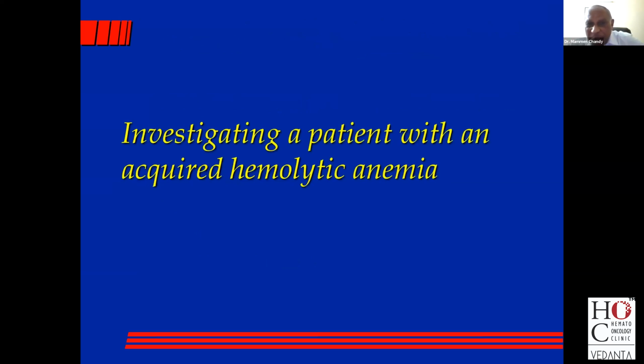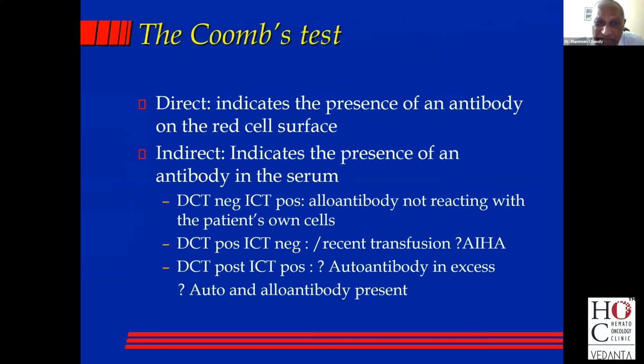So investigating a patient with an acquired hemolytic anemia, I've already told you, doing a Coombs test. Please remember that if your patient is direct Coombs test negative and indirect Coombs test positive, this indicates an alloantibody and not an autoantibody.